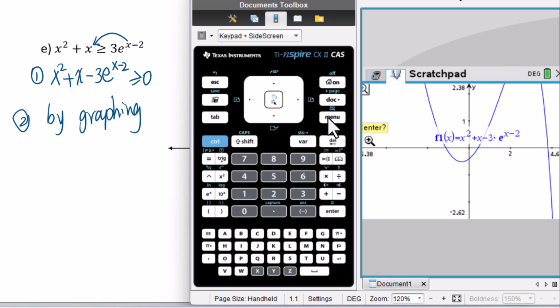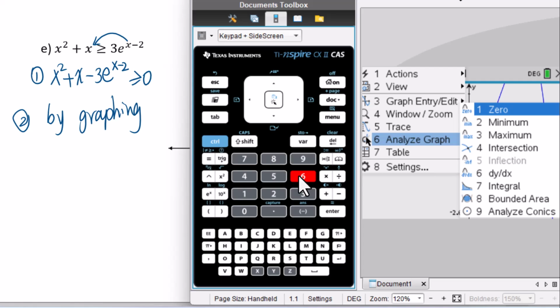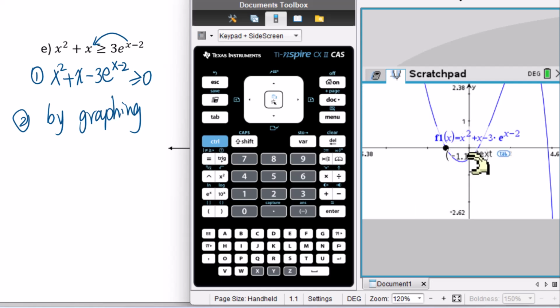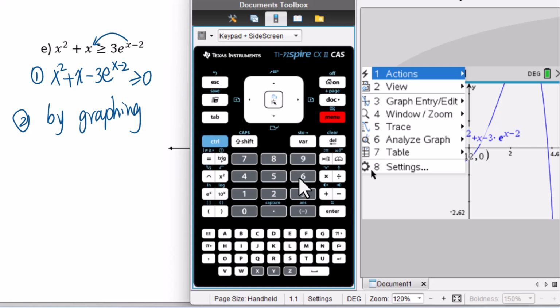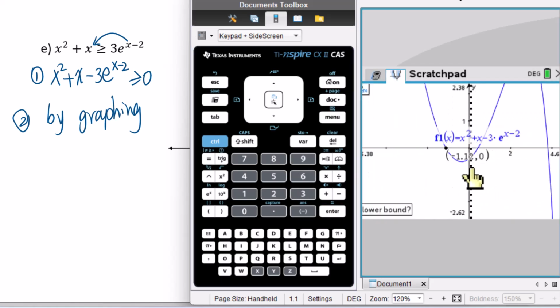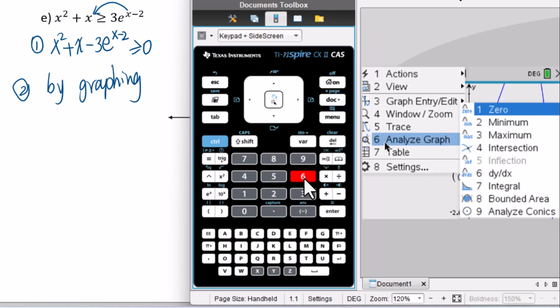Then go to menu. Analyze the graph. Zero. Menu again, 6, Enter.